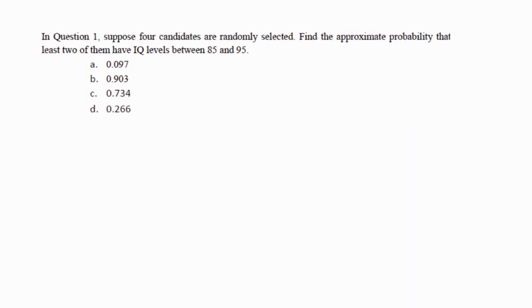Here we have found that the probability that IQ is between 85 to 95 is 0.6826. So we have 1, 2, 3, 4 candidates, and we want at least two.